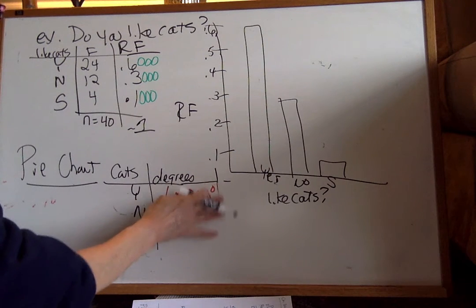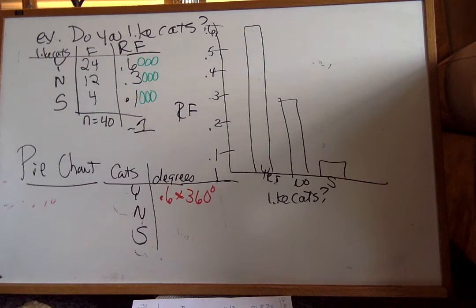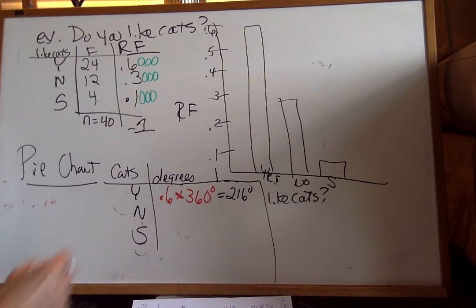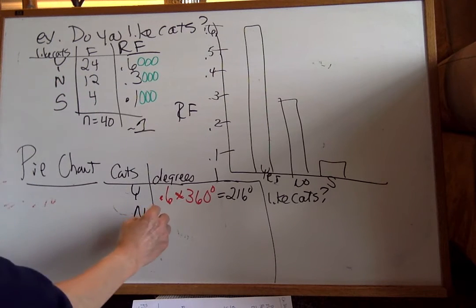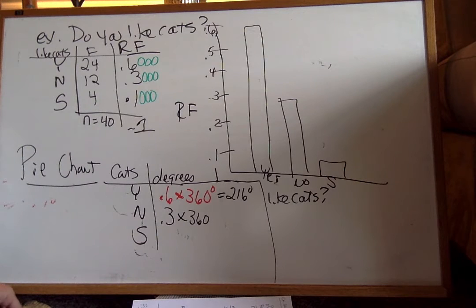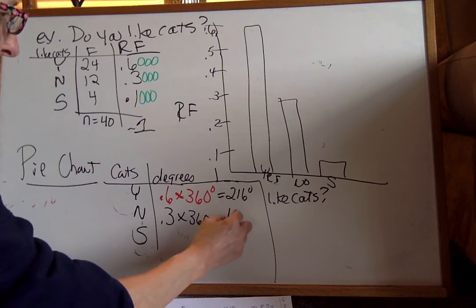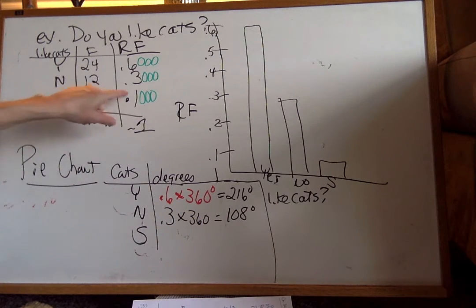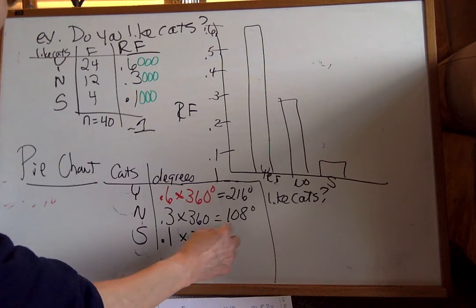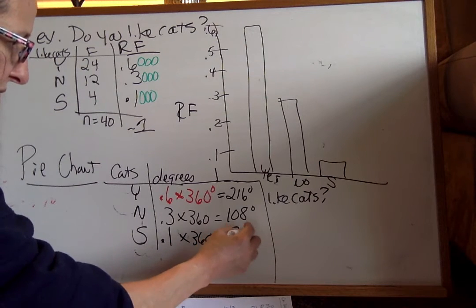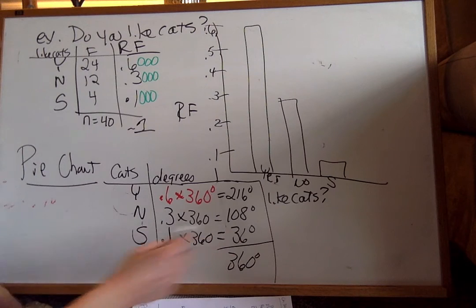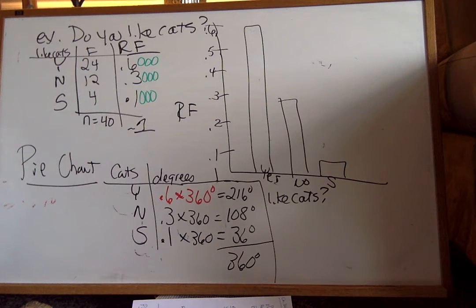So 0.6 times 360 is 216 degrees. 30% said no, they don't like cats. 0.3 times 360, 108 degrees. 10%, 0.1 times 360 is 36 degrees. And if you're afraid you've made a mistake, add those up, and it absolutely should add to the 360 degrees.